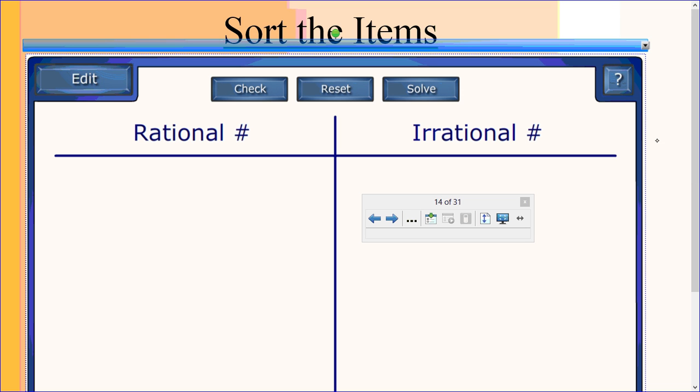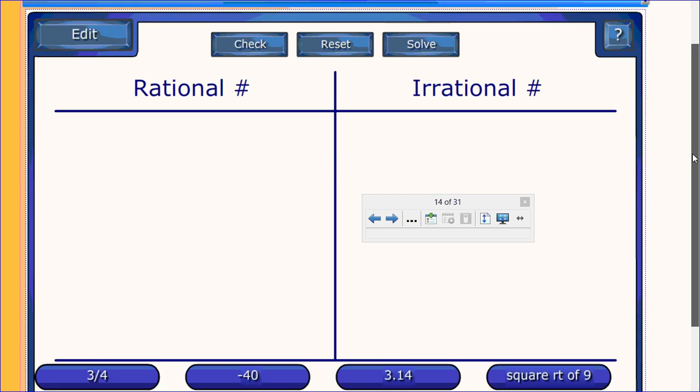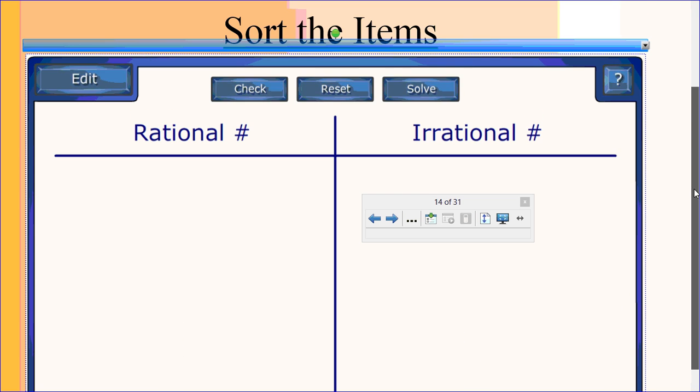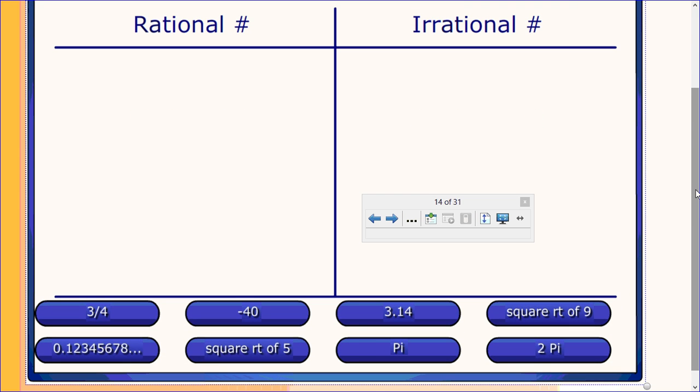So see if you can get those numbers on the correct side. Some of them are rational, some of them are irrational. See if you can figure out which is which. And we'll check it tomorrow, so give it a try.